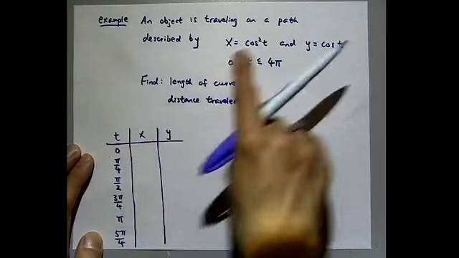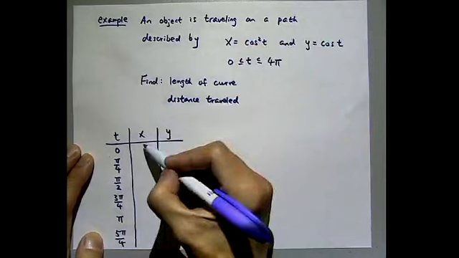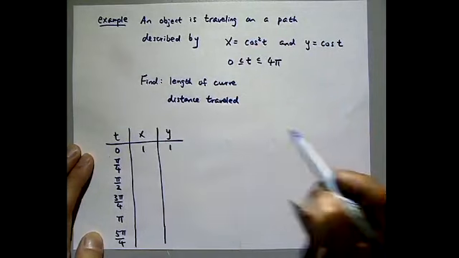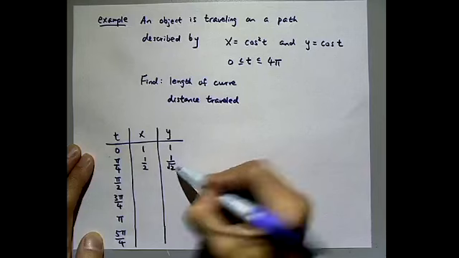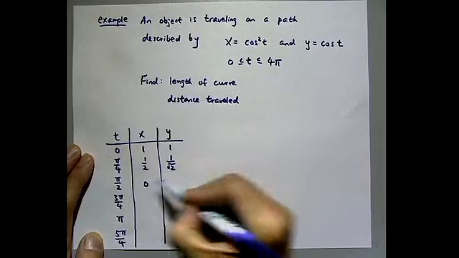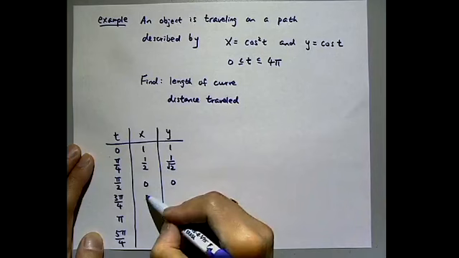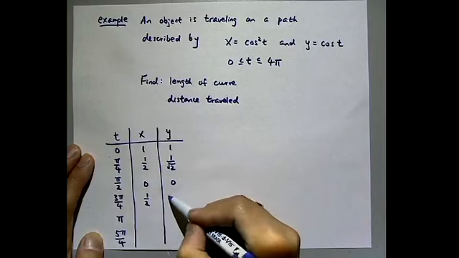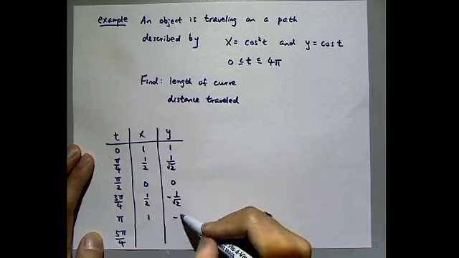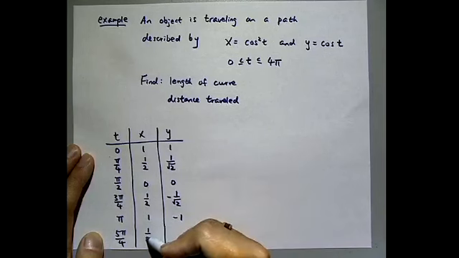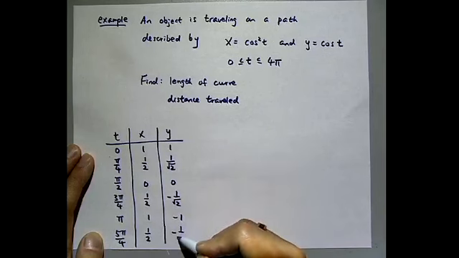Then plug these into x and y. We'll see these numbers for x and y: 1, 1; 1/2, 1 over root 2; 0, 0; 1/2, minus 1 over root 2; 1, minus 1; 1/2, minus 1 over root 2.